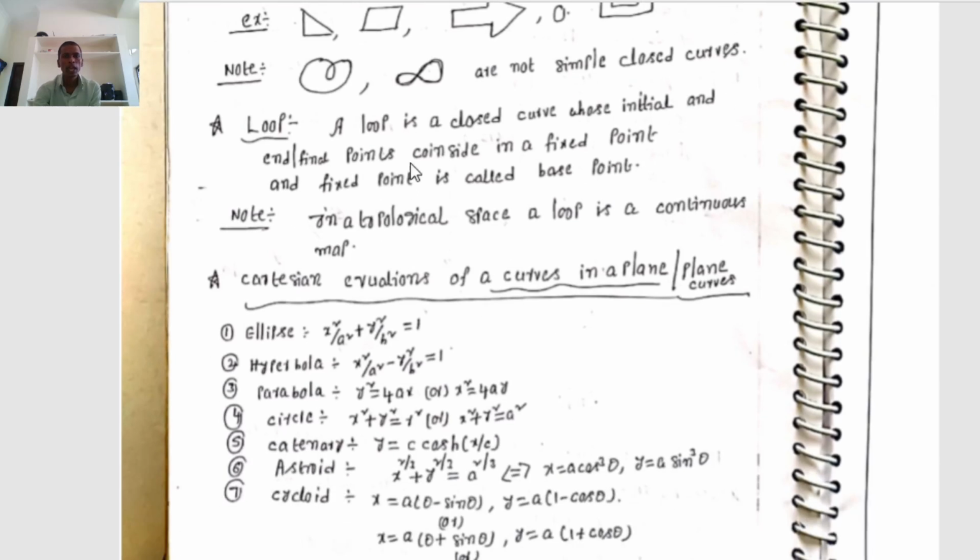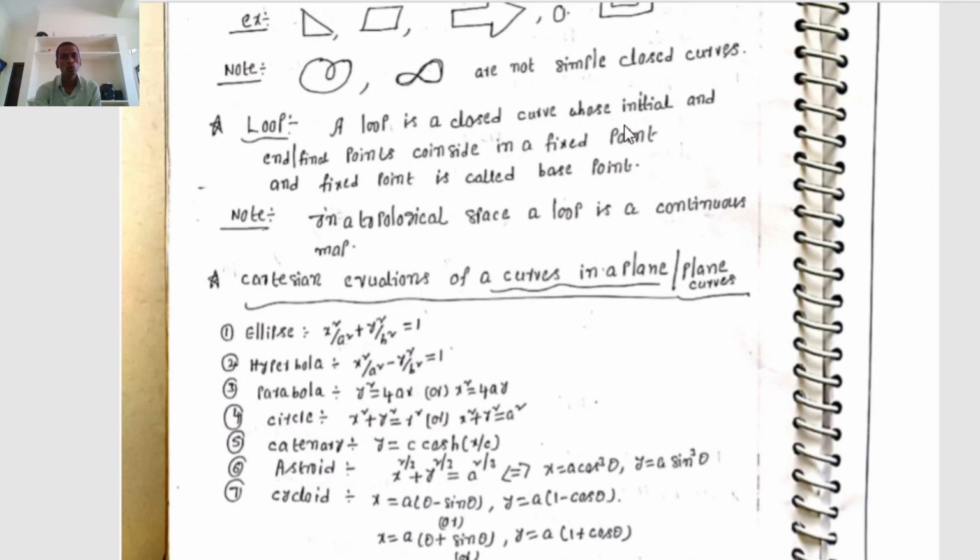Loop. A loop is a closed curve whose initial and ending points coincide at a fixed point, and the fixed point is called the base point. What does a loop mean?